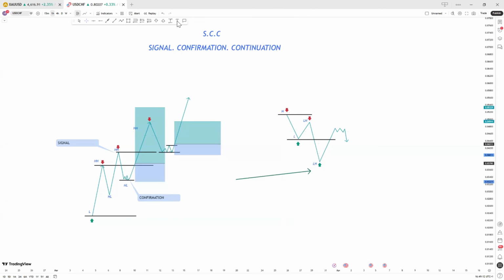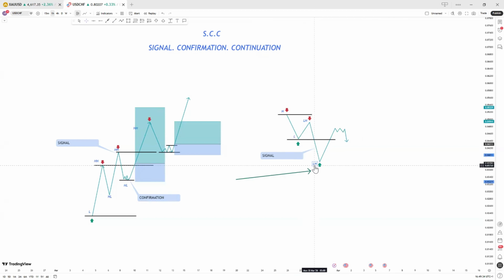So this move right here is your signal that the market is making a downtrend, which is the market broke below this low. So this is a signal.